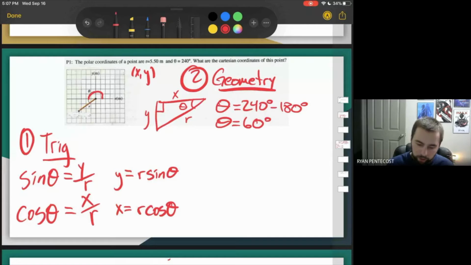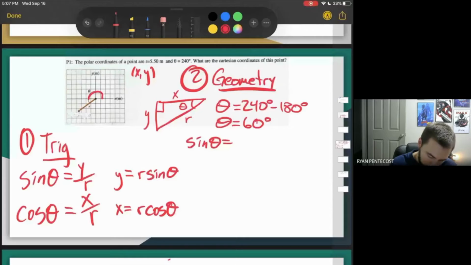Now our theta is 60. If we take sine of theta, that is still opposite over hypotenuse, SOHCAHTOA. So you'd still have y divided by r, so your y would still be r sine theta, but you have a new theta.